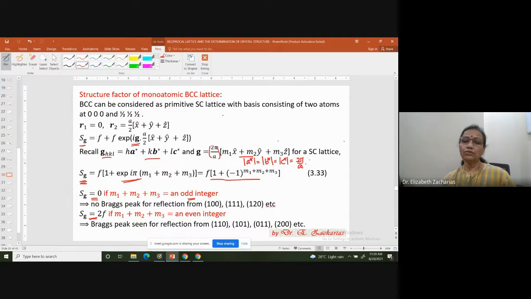So, what would this mean if you make a comparison between these two equations, left side and right side? Let me also write one more step. Your A star equal to 2 pi by A along x cap, B star equal to 2 pi by A along y cap, your C star equal to 2 pi by A along z cap.